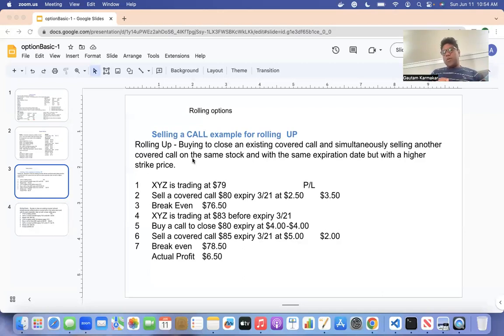Maybe you take a little loss on the stock price, but your cost basis was very low, so you have already generated a lot of income, and that will take care of selling a little low. By selling a little low, first of all, you're guaranteeing that you will get assigned. The second is that you are generating the maximum possible premium, because if you are selling lower than the current market price, most likely your premium will be higher, right?